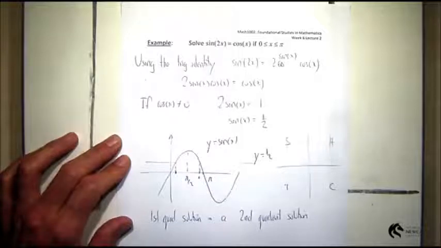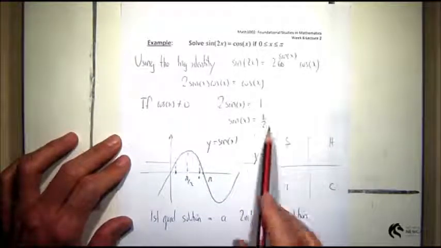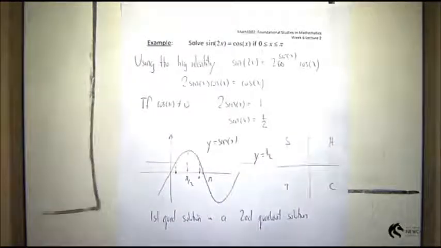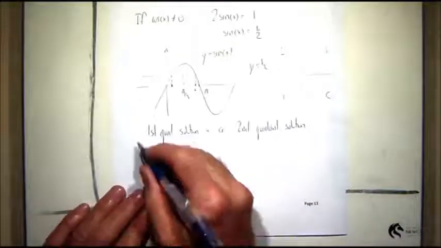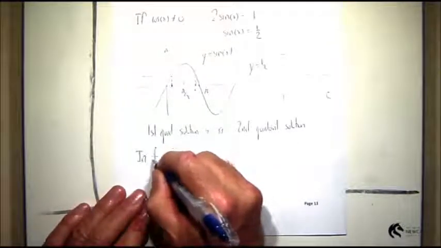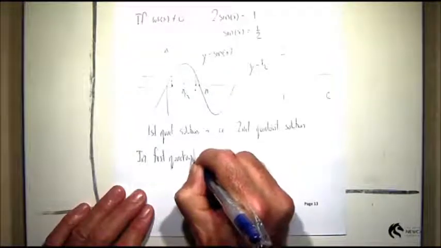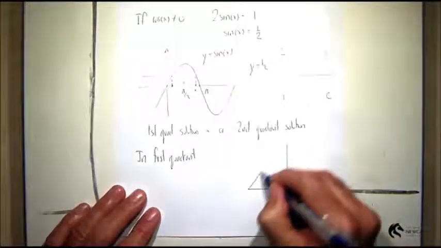So we've concluded that there are two solutions. In this case, because this number here happens to be 1/2, we would suspect that our triangle over here, and I'll draw it again just so we've got a complete thing. So I can say in the first quadrant, I can use this triangle again.